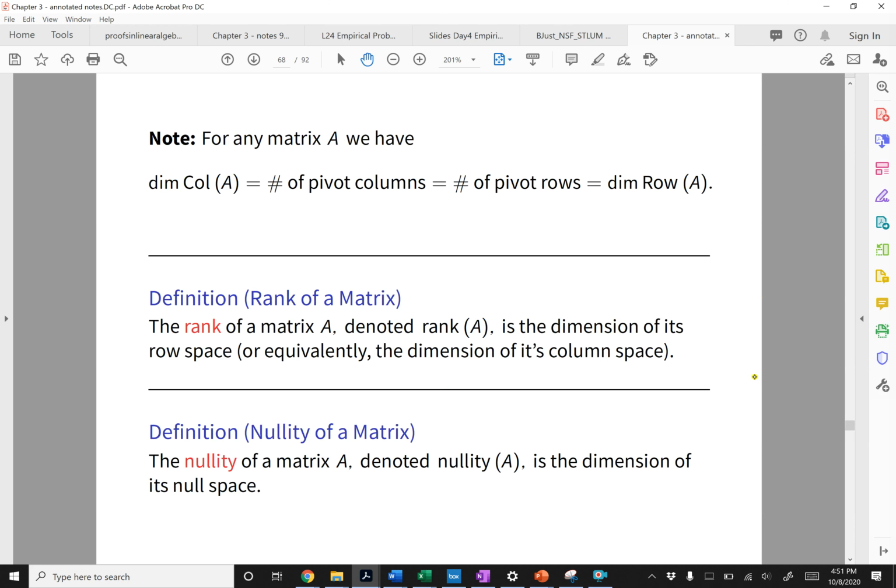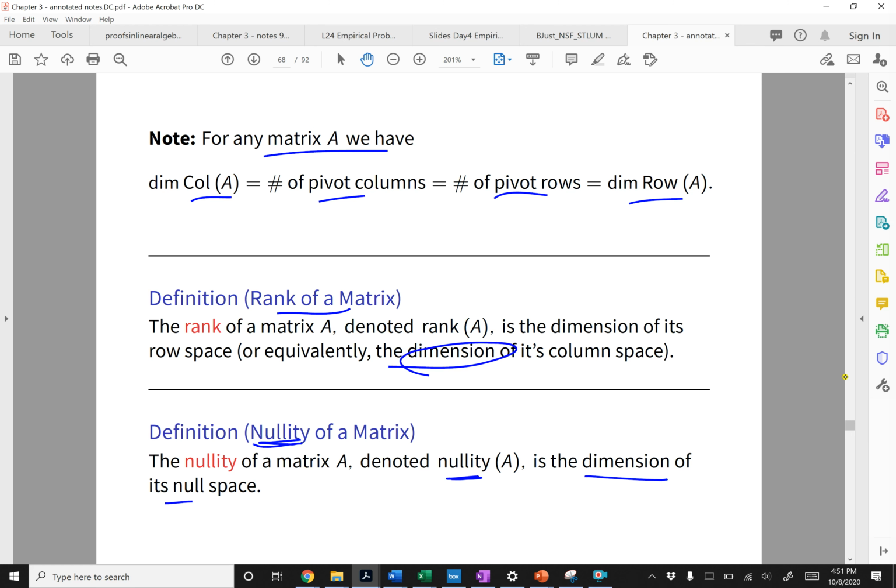Yeah. So for any matrix, the dimension of the column space of A and the dimension of the row space of A are the same. It's just the number of pivot columns, the number of pivot rows we have. And the rank of a matrix that we've talked about before, that is the dimension of its column space or its row space, either one. And the nullity is just a fancy name for the dimension of the null space.